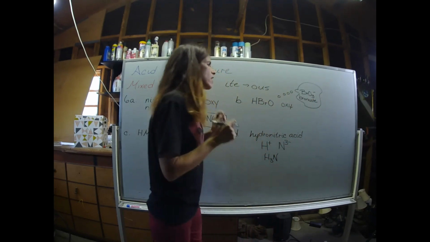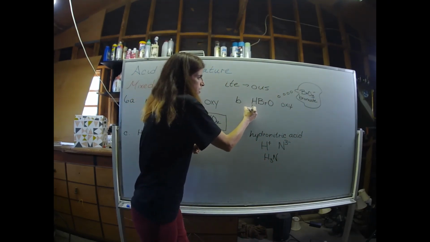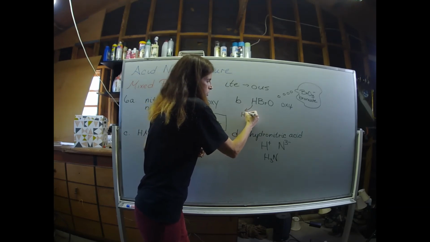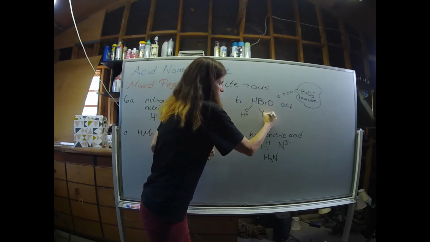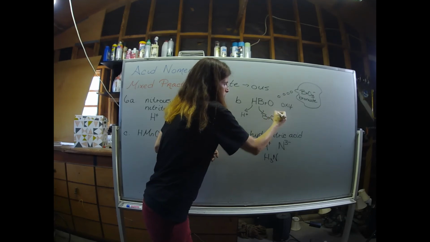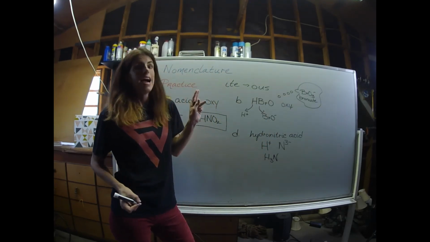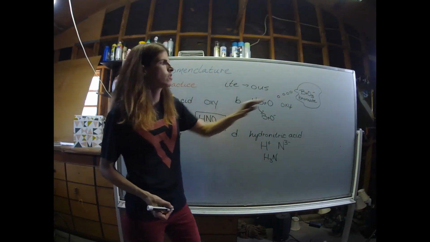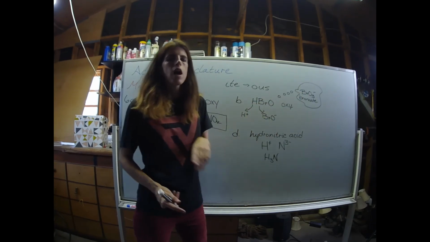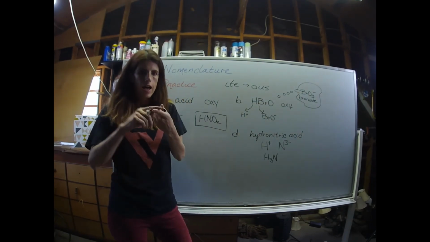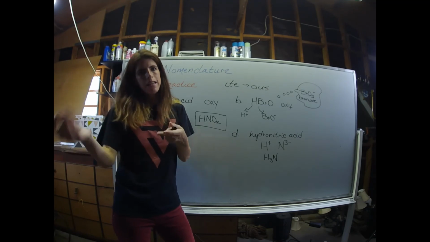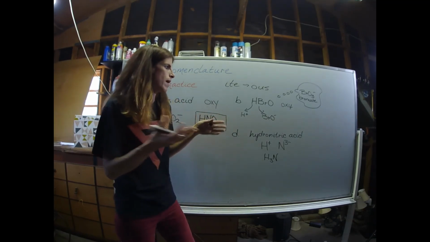So since this species here, if I split it up, is H plus and BrO minus, it has 2 less oxygens than bromate. I know that it's going to be hypo prefix and an ite ending. I'm going to use that pattern.